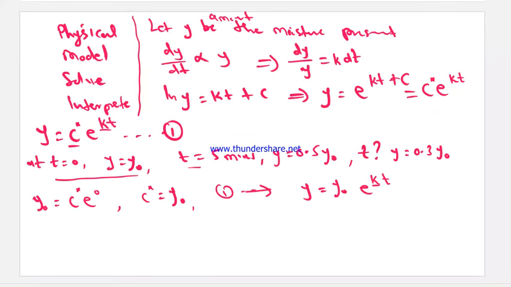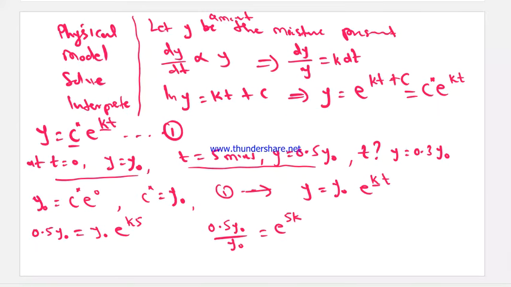To get K, let's use the second condition. In the second condition, we have Y is equal to 0.5 Y naught. That means 0.5 Y naught is equal to Y naught exponential K times 5, because 5 minutes is the time when our Y is equal to 0.5 Y naught. So that means 0.5 Y naught divided by Y naught is equal to exponential 5K.